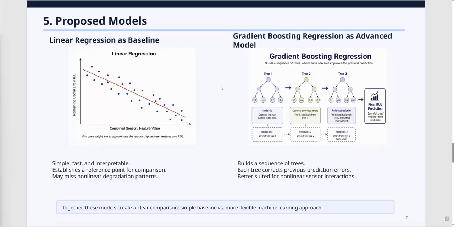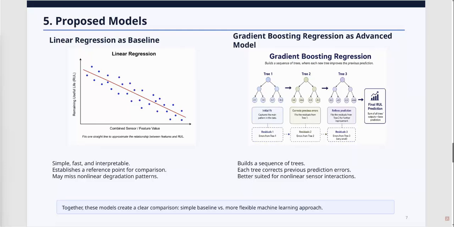Gradient boosting works by building a sequence of decision trees. Each new tree tries to correct the errors made by the previous trees. As a result, the final model combines many weak learners into one stronger predictive model.